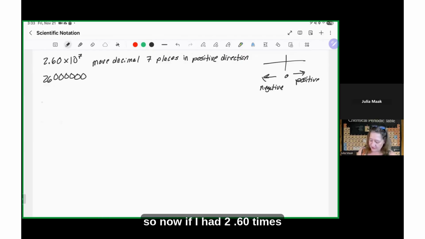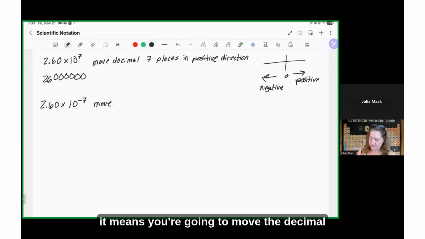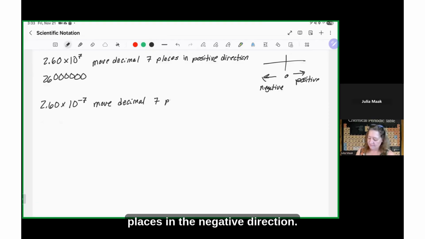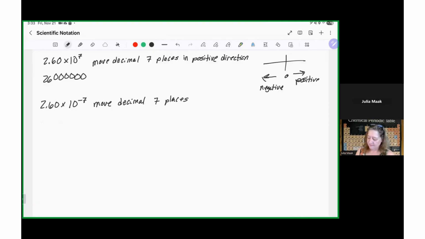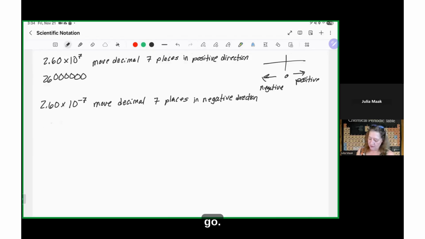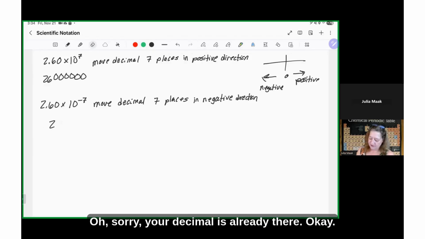Okay, so now if I had 2.60 times 10 to the negative 7, it means you're going to move the decimal 7 places in the negative direction. Your decimal is already there.